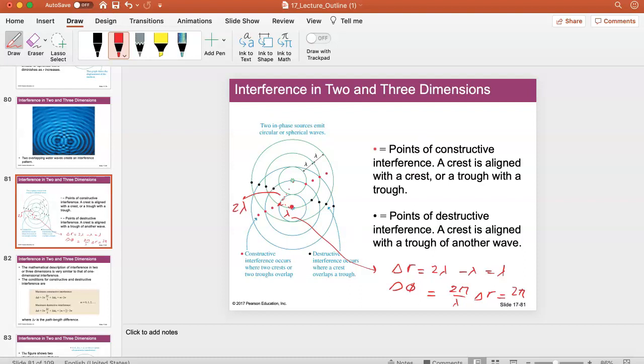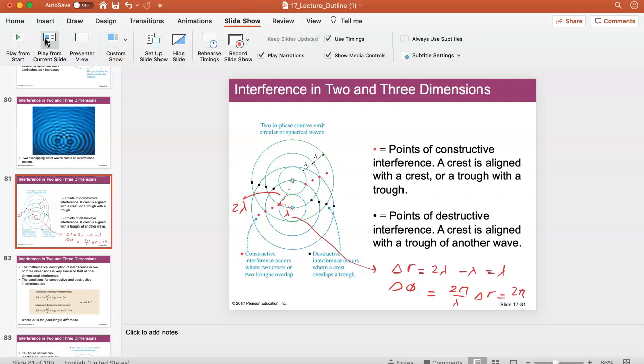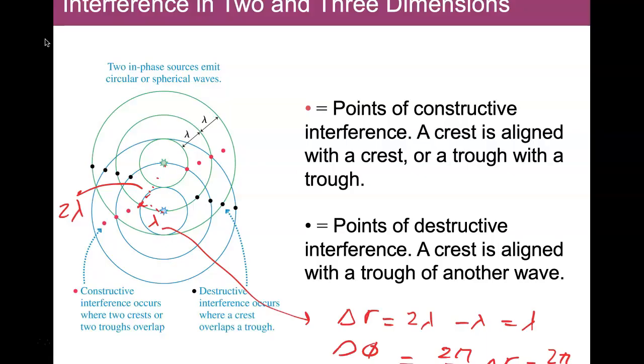The sources are in phase, right? Because if you look at one snapshot, both of these crests, the first one, are the same distance from the source. So it means they're producing oscillations in phase. So the only thing that contributes to the phase difference is the difference between distance traveled, and that's the difference between the radii of the circles if you look at the points on these circles.